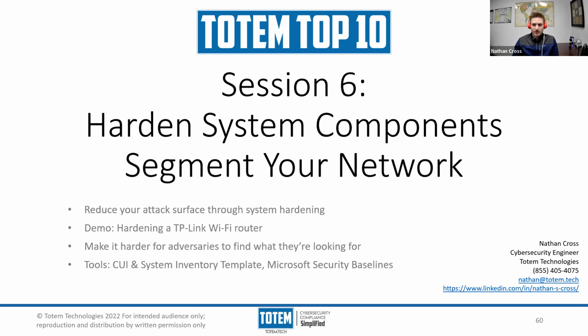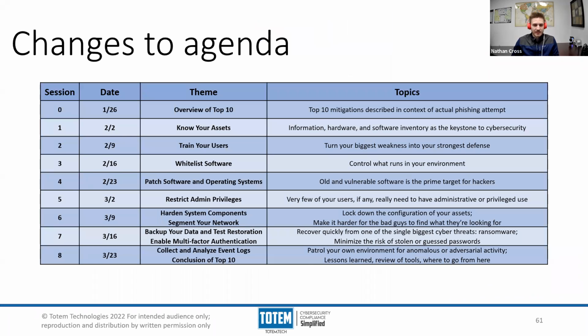I would like to highlight some important changes to our agenda real fast. We're now going to be looking to wrap this up in a couple weeks, where we initially proposed that we would end this on the 6th of April. We are now going to be concluding in about 2 weeks. So for the next 2 weeks, including today and next week, we're going to be covering 2 Totem Top 10 controls each day.